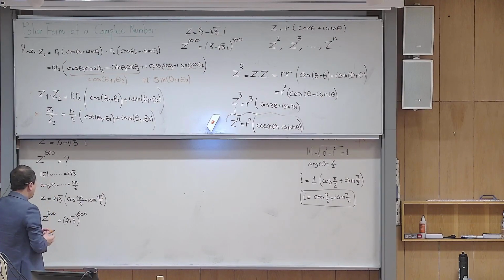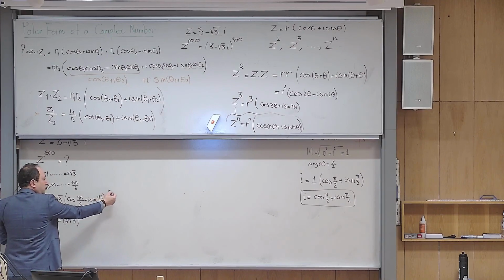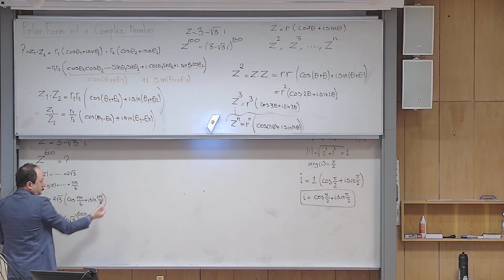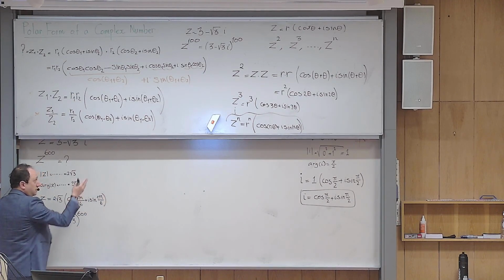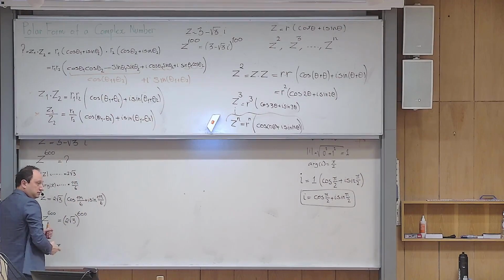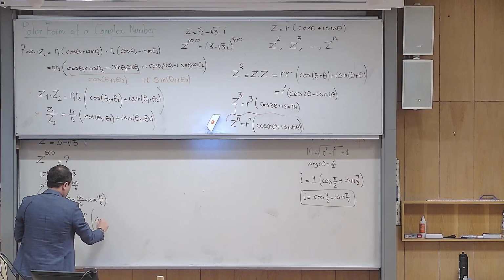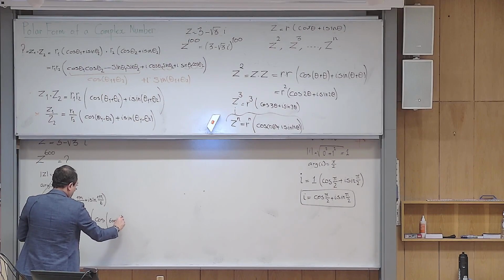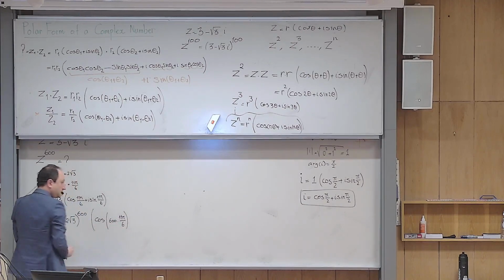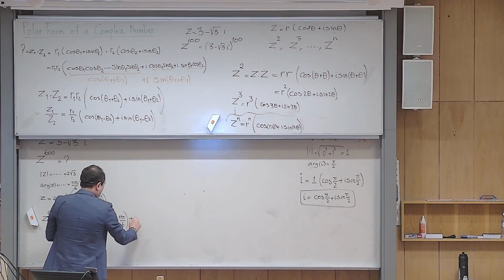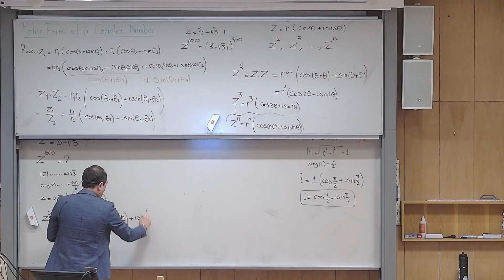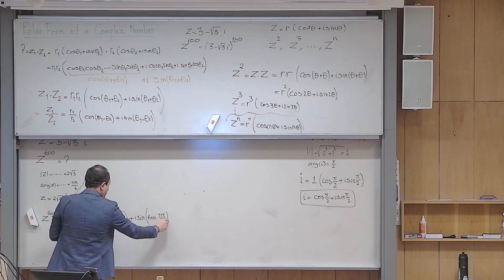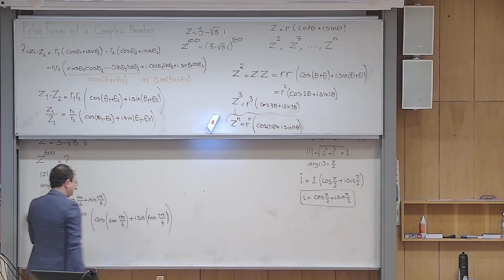Instead of raising it to the power 600, which is an extremely formidable task, we learned we can multiply the angle. So we can write cosine of 600 multiplied by 11 pi over 6, and then plus i times sine of 600 multiplied by 11 pi over 6.